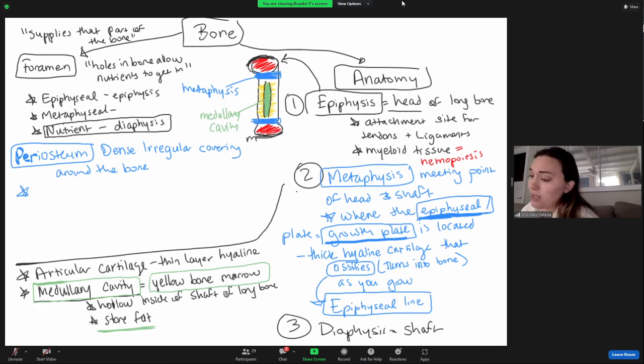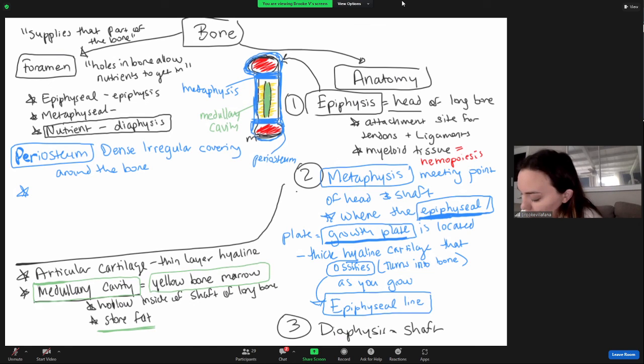The periosteum is like a thin tissue that covers, we're going to kind of try to draw it here. So it covers the outside of the bone, something like this. That kind of makes sense. It's going around the entire thing. But the bone, we said, is really hard, right? And it's hard to penetrate.